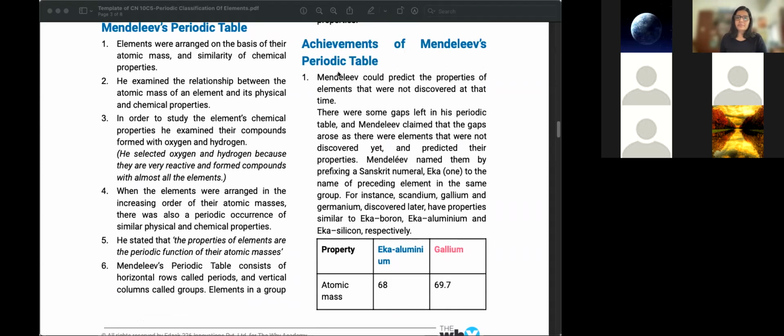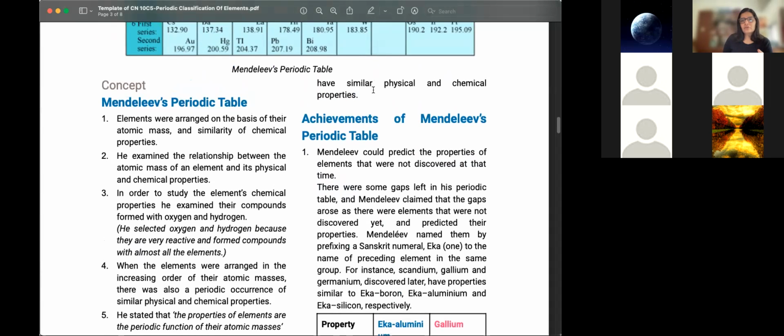Achievements of the periodic table, basically the advantages, or what is so special about Mendeleev's table. This is the main thing. Mendeleev could predict the properties of elements that were not discovered at that time. This was a really great thing at that point of time, because whoever had worked on this before Mendeleev, Dobereiner, Newlands especially, didn't give space for the possibility that maybe we don't know some of the elements that exist.